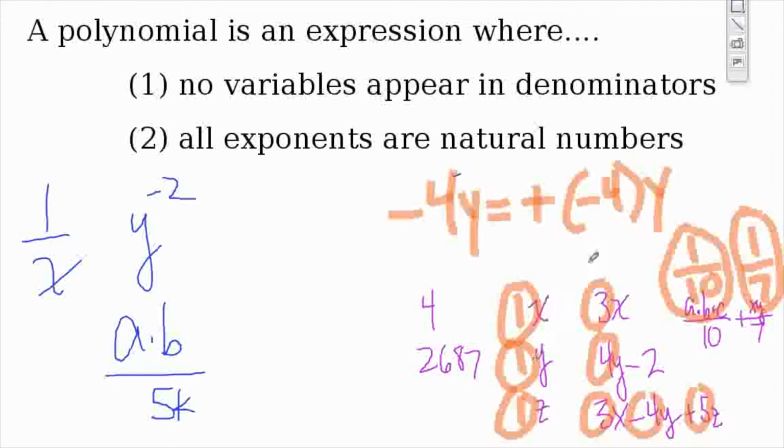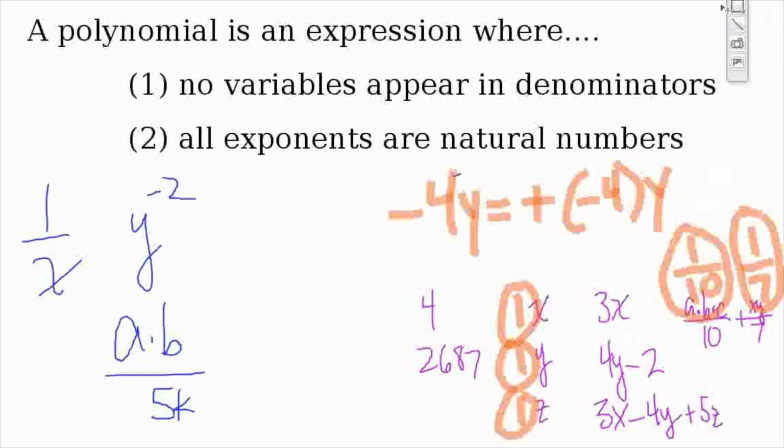Now, the pieces of the polynomial that are added and subtracted together are called terms. The best polynomial to show this on would be the one at the bottom, the 3x plus 4y plus 5z, and the one above.